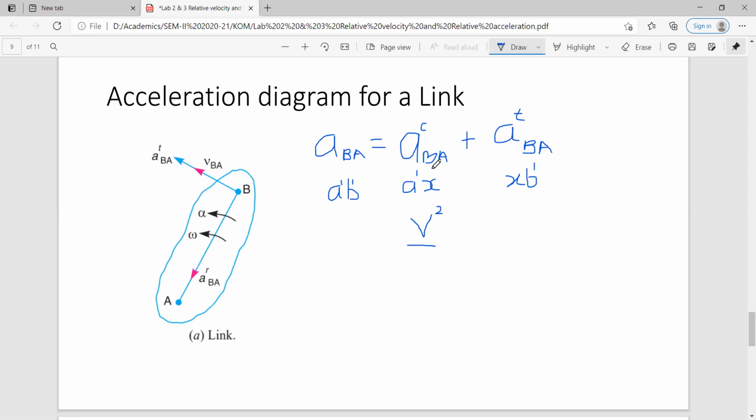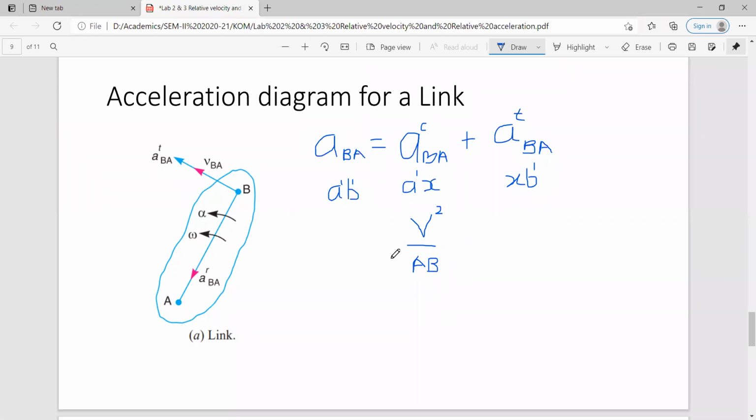What is the radius for point B? For point B, A point is the center. So AB will be nothing but the radius for point B. R is the radius, so radius is nothing but AB.